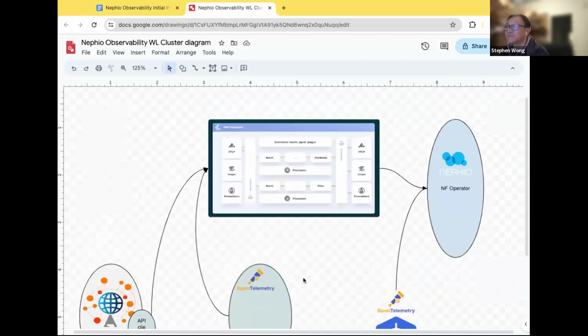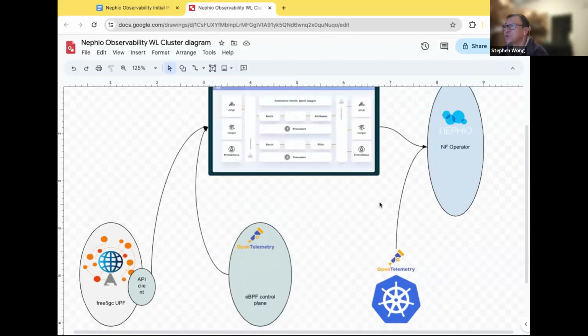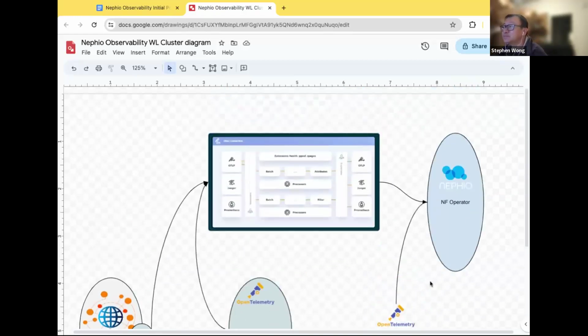So with BPF, you are loading metrics or events into collectors, and then from the collectors, as well as the Kubernetes specific infrastructure related metrics and data, we would be able to export it through the collectors to whoever wants to subscribe to it, which in our case is basically the network function operators.